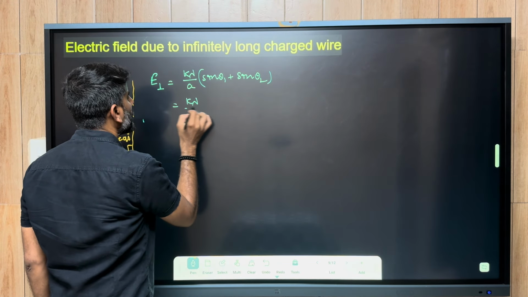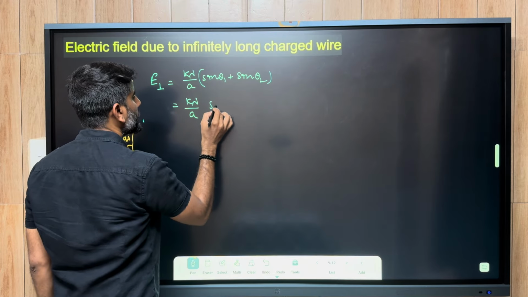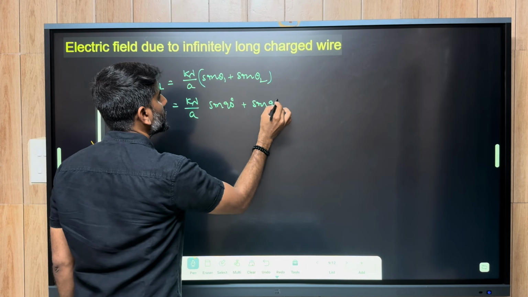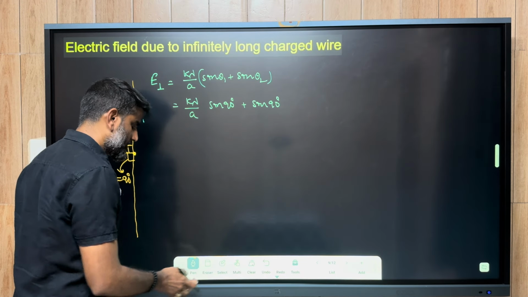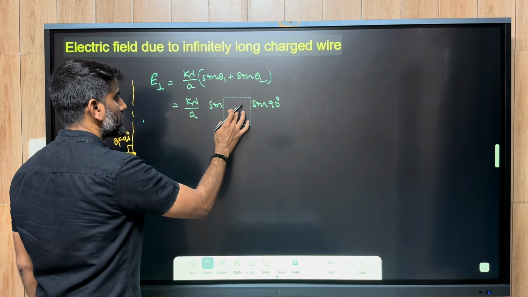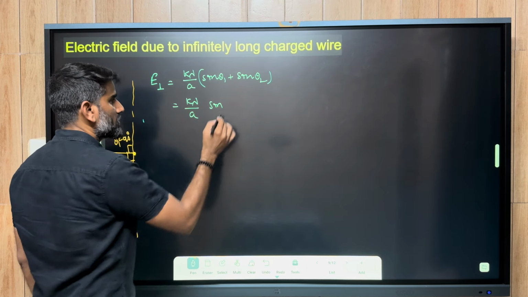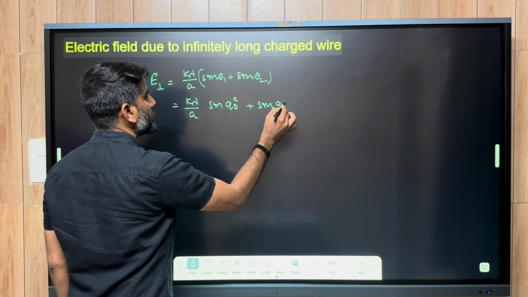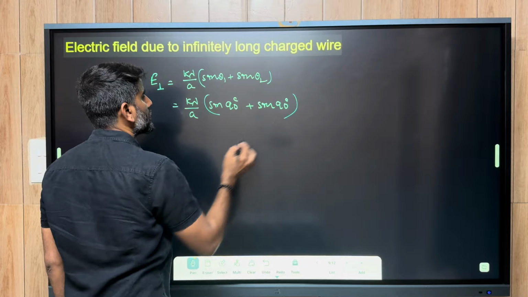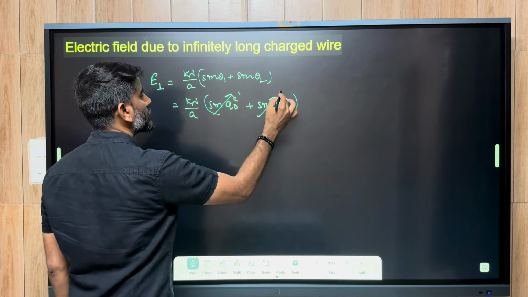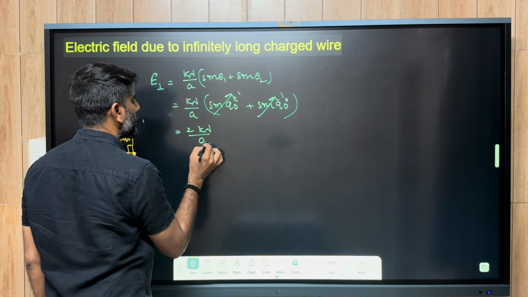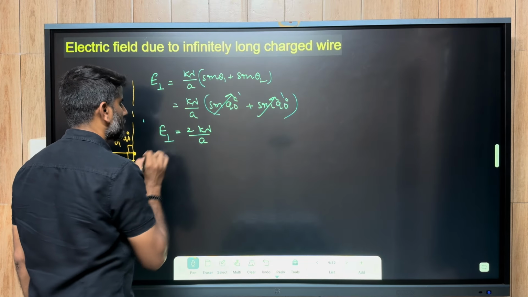So k lambda by a into sine 90 plus sine 90 degrees. This is 1, this is also 1. What am I getting? 2k lambda by a, which is E perpendicular.